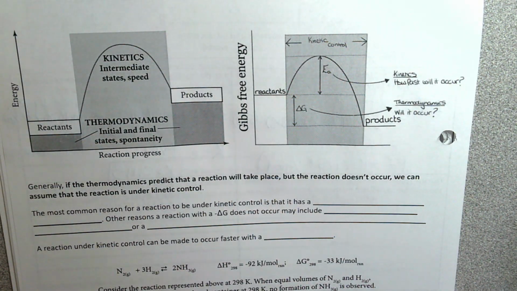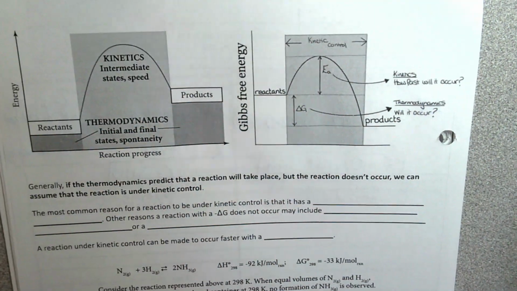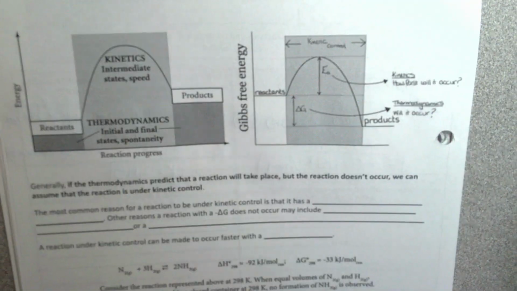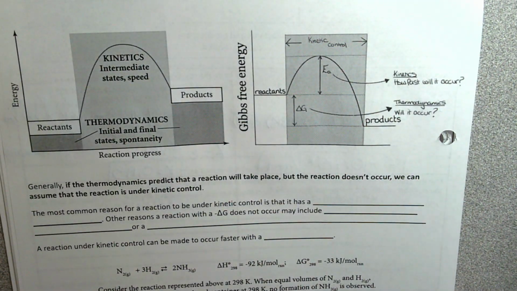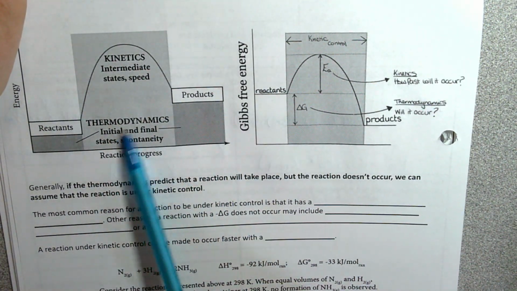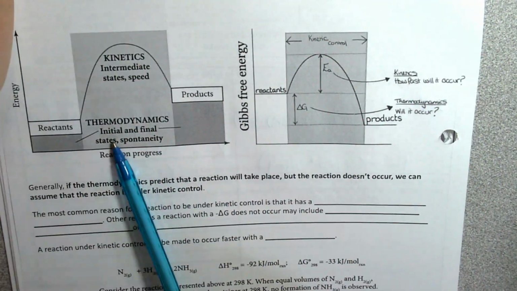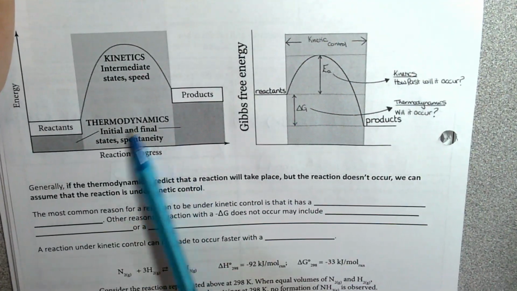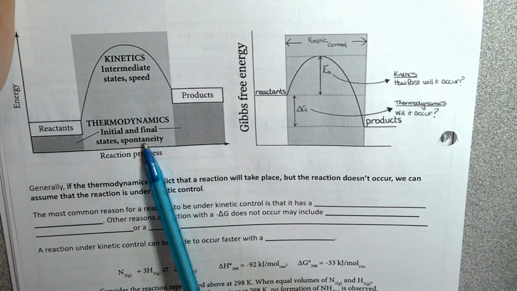If the reaction is thermodynamically favorable, but does not occur at an appreciable rate, then it's considered under kinetic control. So if you look here, thermodynamics determines the initial and final state in terms of energy, and it helps us determine spontaneity.